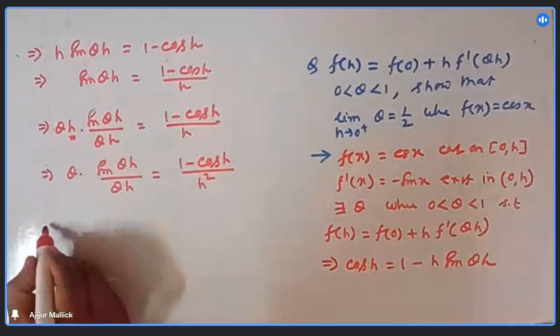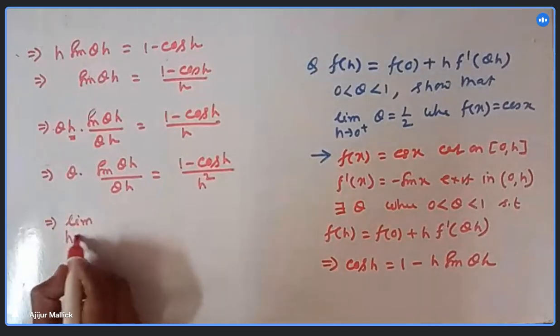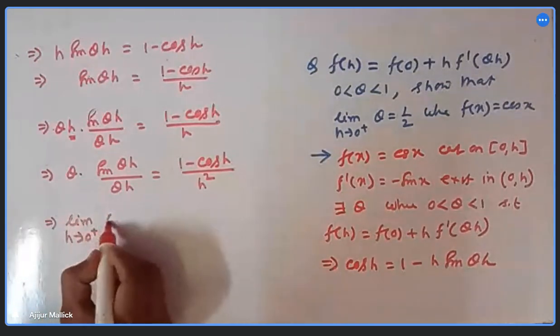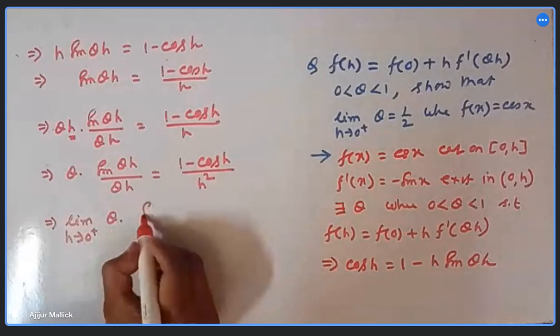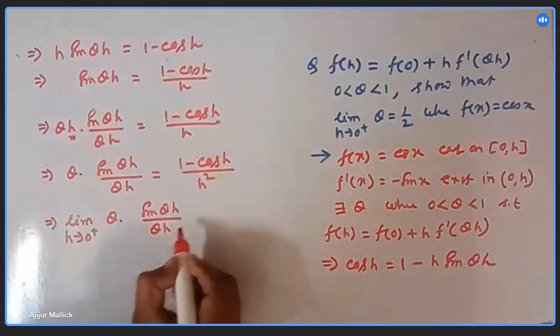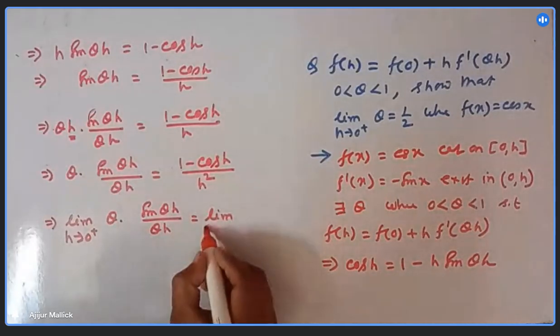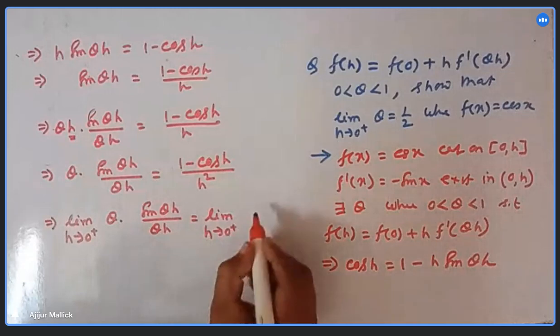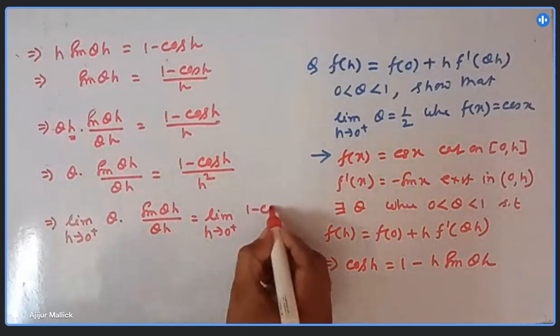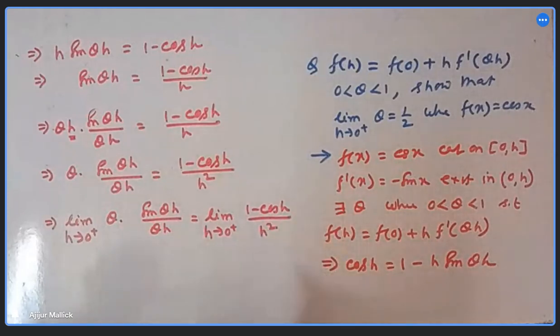Now take the limit on both sides. So limit h tends to 0 plus of theta, into sin theta h divided by theta h, is equal to limit h tends to 0 plus of 1 minus cos of h divided by h square.